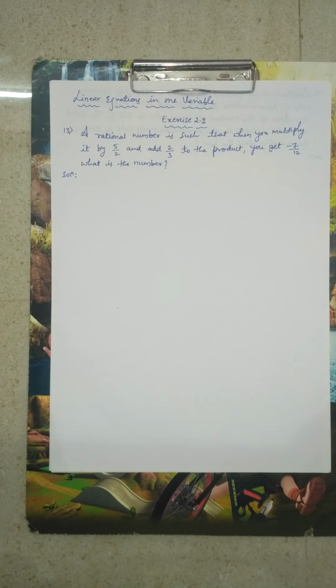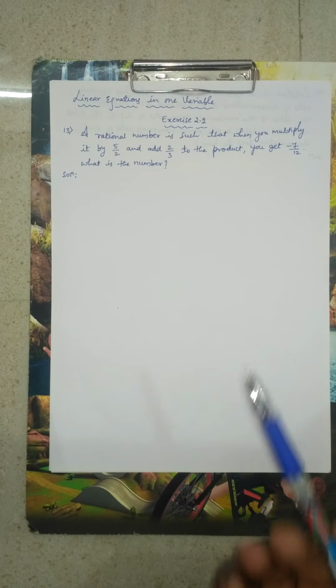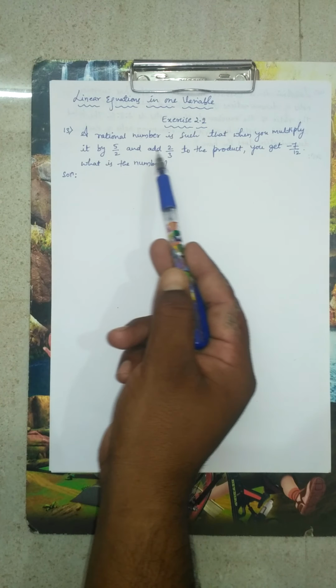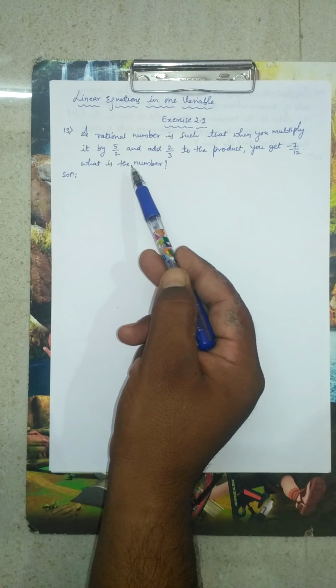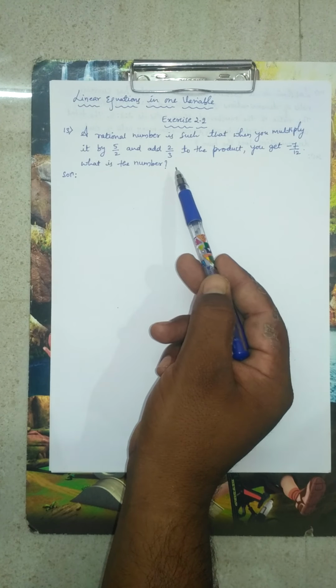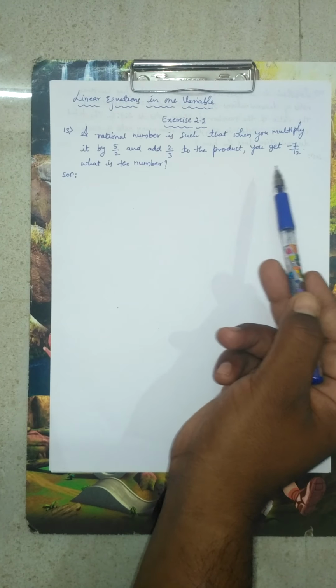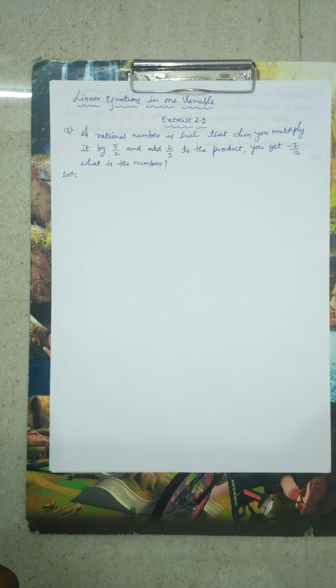Here we don't know what is that rational number. Here a rational number is such that when you multiply it by 5 by 2 and add 2 by 3 to the product, you get minus 7 by 12. What is that number? So here what to do?